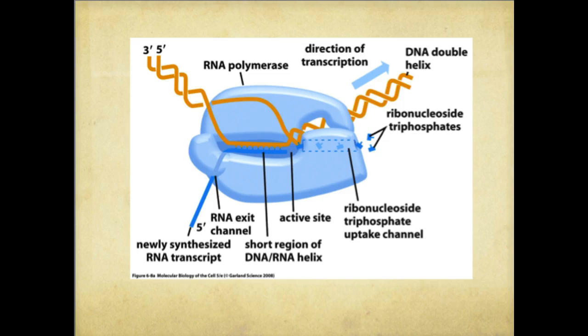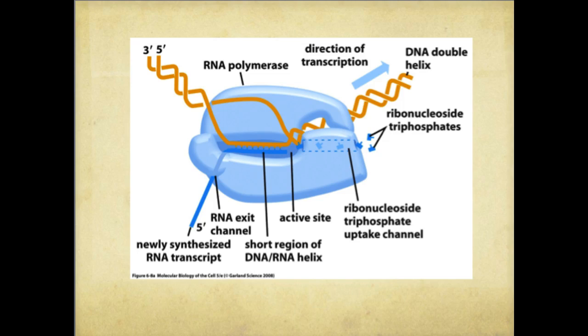So the darker blue area represents the channel inside the enzyme where the active site is, where the incoming NTPs are going to be added on to a growing RNA strand in the order that's complementary to the order of the bases in the DNA.